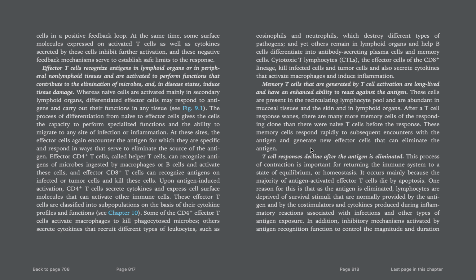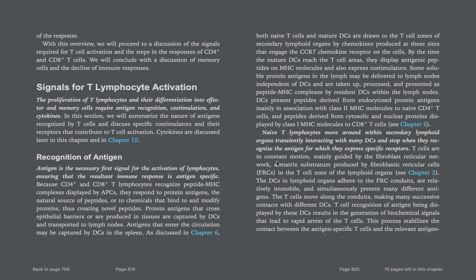One reason for this is that as the antigen is eliminated, lymphocytes are deprived of the survival stimuli that are normally provided by antigen and by costimulators and cytokines produced during inflammatory reactions associated with infection and other types of antigen exposure. In addition, inhibitory mechanisms activated by antigen recognition function to control the magnitude and the duration of the response.